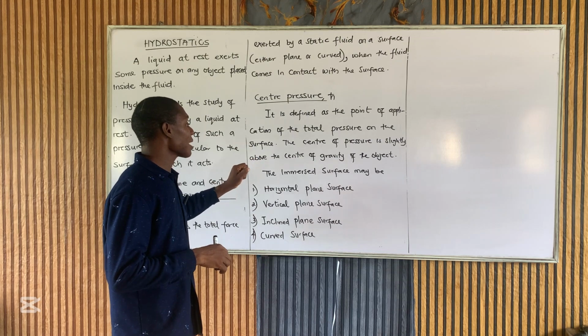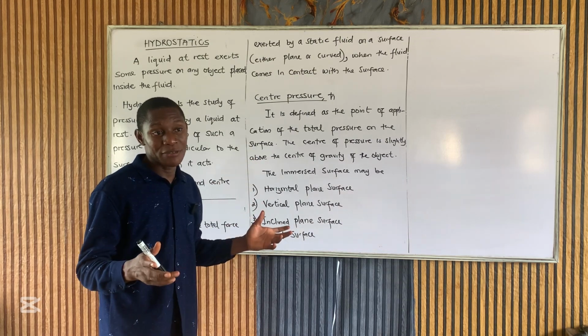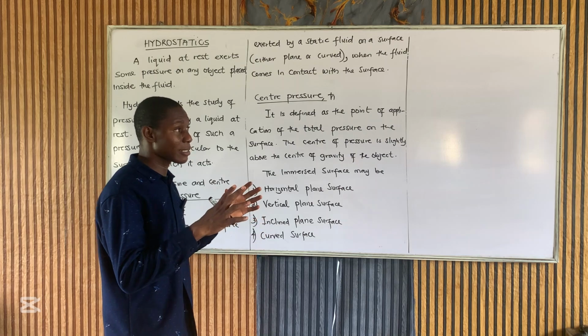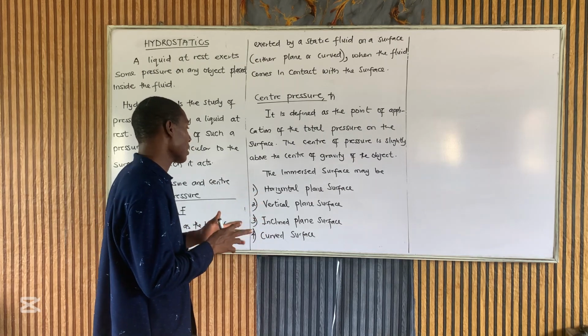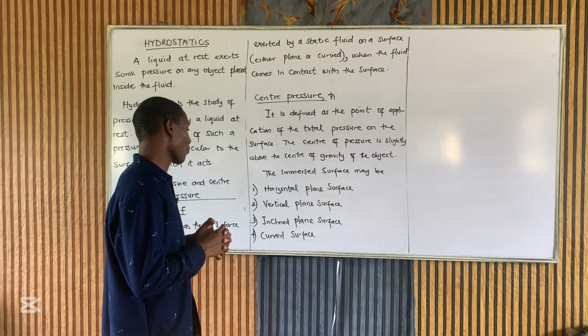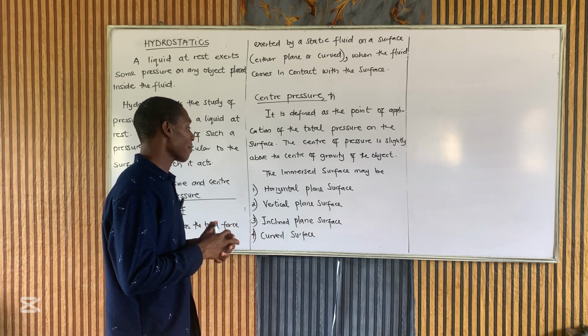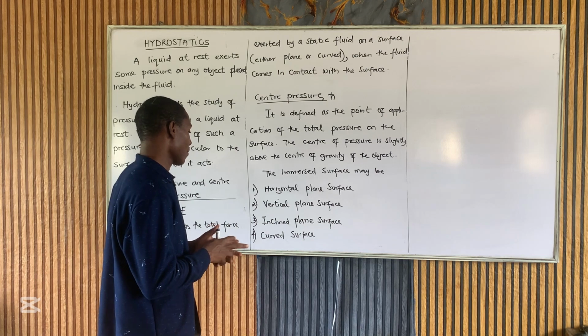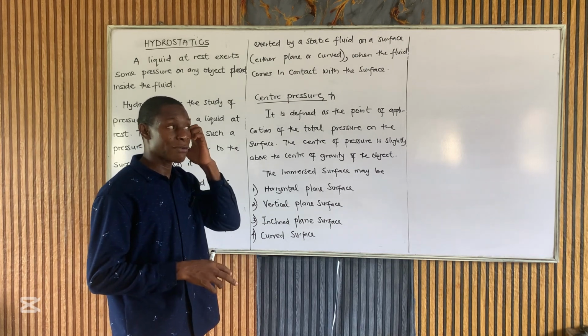Now, understand that for the objects immersed in fluid, we shall basically be considering some basic shapes. The object can either be a horizontal plane surface, a vertical plane surface, an inclined plane surface, or a curved surface.